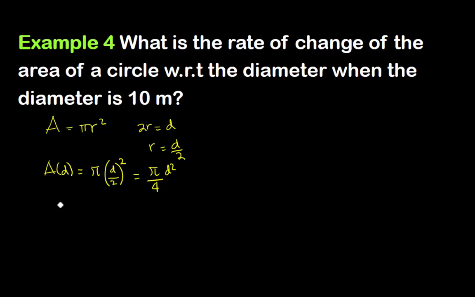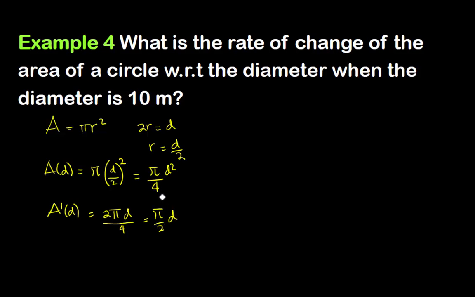Okay, so now what is the rate of change at a particular diameter? A prime of d would be 2 pi over 4, where pi is a constant, and you are differentiating with respect to d. So bring down the power 2, and that's why you have d over 4. If we want to rewrite this, it's pi over 2 times d.